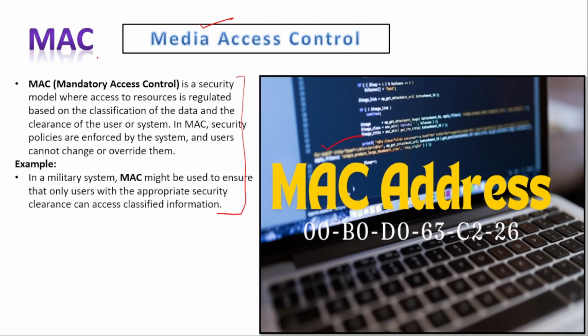So one MAC is mandatory access control, and another is the MAC address, which we all know is the address of your network card, such as your Wi-Fi card or your Ethernet card. This is 48 bits, as you can see here. These are hexadecimal numbers, and this is unique for each device.